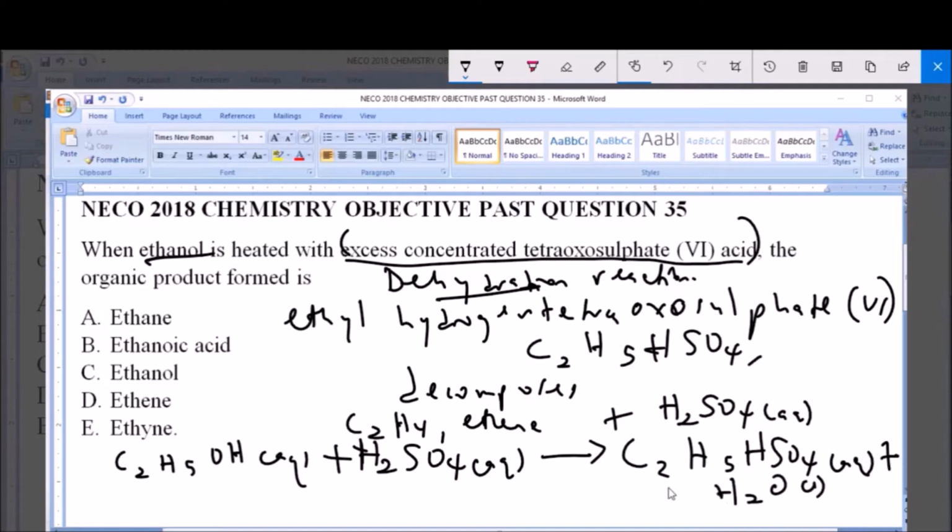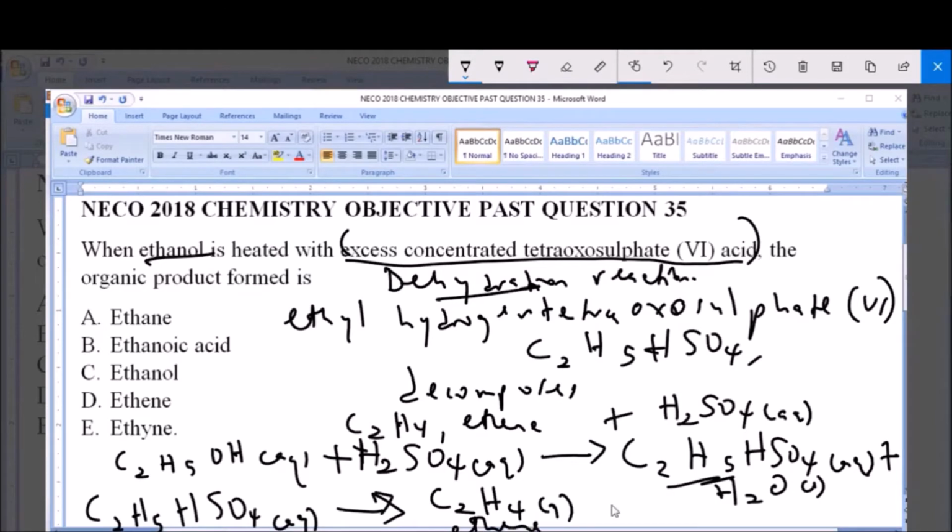Now we said the ethyl hydrogen tetraoxosulfate 6 will further decompose to yield ethene and tetraoxosulfate 6 acid. So this ethene is the organic product of the reaction involving ethanol and concentrated tetraoxosulfate 6 acid, and ethene is option D, which is the correct answer to this question.